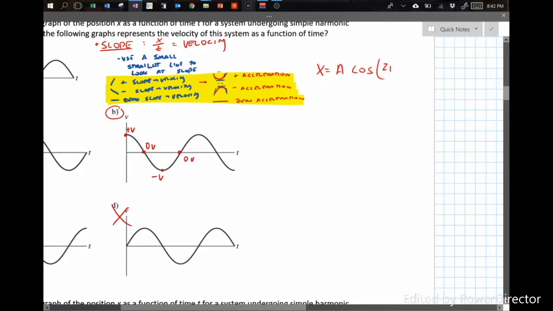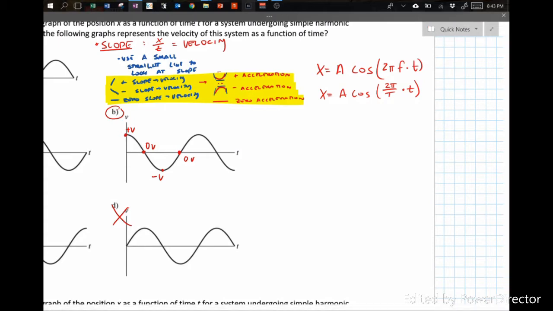One way is to say that it's the cosine of 2 pi times the frequency times the time, or it's to say that it's cosine of 2 pi over the period times the time. But since those are inverses of each other, that's really just the substitution that we have to make.